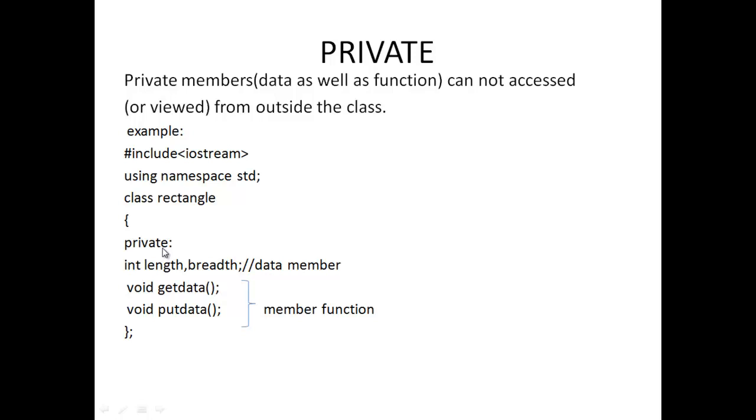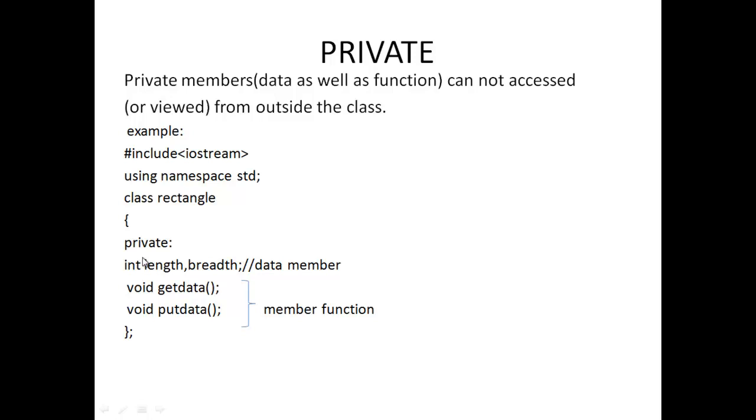Here something is happening. What is happening? You know, object oriented programming features information hiding by data hiding. That means data or information can be hidden from outside the class. Okay. This is done by the private access specifier.